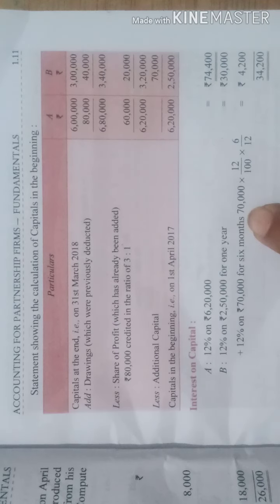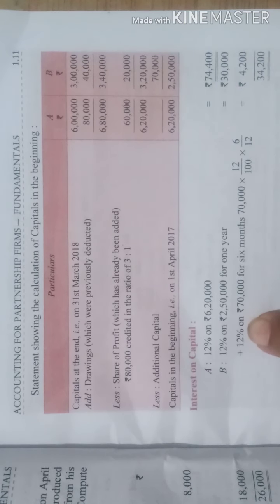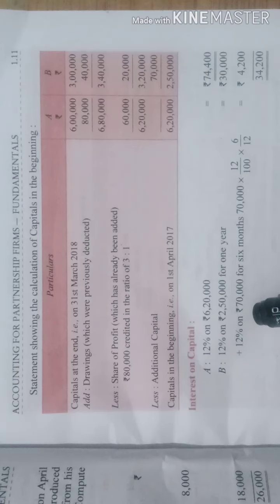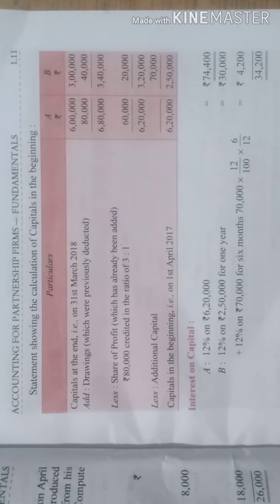Now here again one point. You will say, ma'am, first we have reduced and now you are again taking that 70,000 additional capital. Yes, beta. We have studied that if there is any further introduction of capital in the year, we even charge interest on that.